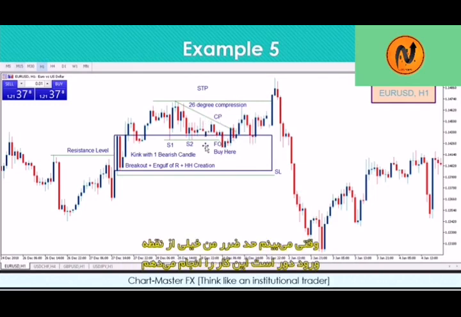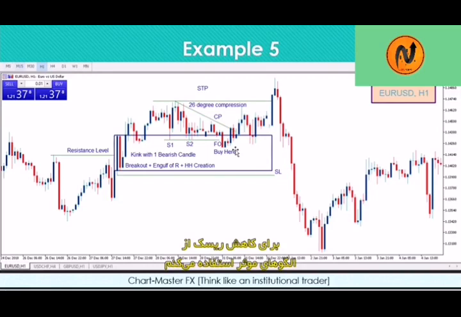So this is what I do mostly when I see that my stop loss is very, very far away. I wait for an impactful pattern to occur, either in that time frame that I am trading, or I go to lower time frames as far as M5, M15.